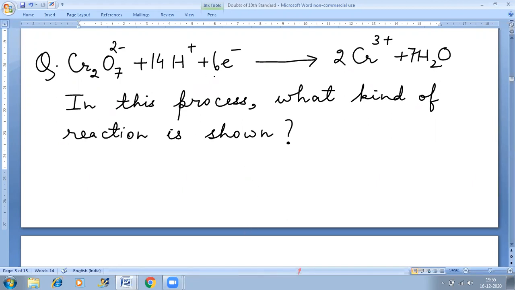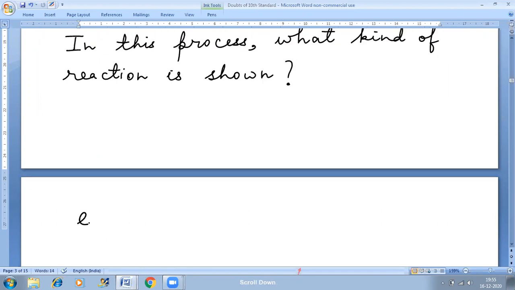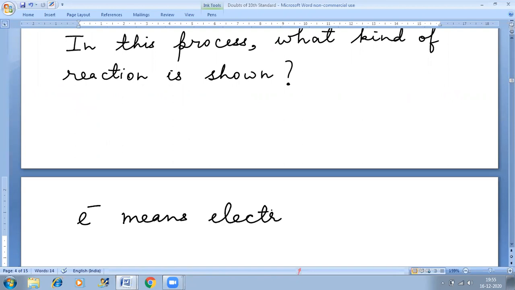Okay. So see, what is this E minus? E minus means electron.